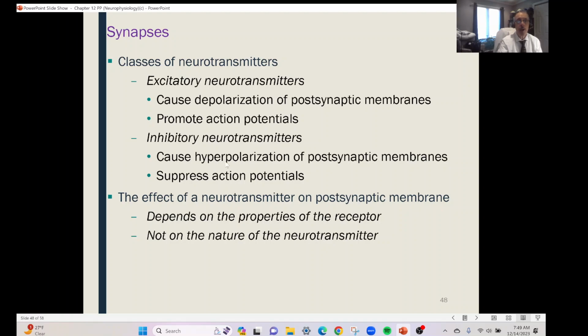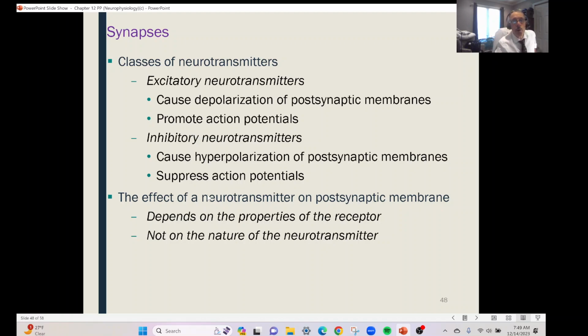When a cell is hyperpolarized, it is much more difficult to get it to fire. So in this case, it's going to be inhibited, right? We're going to suppress the action potentials. So some neurotransmitters cause excitation, while others cause inhibition. They can actually inhibit a neuron.